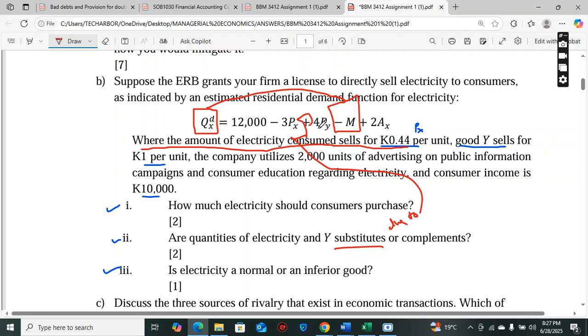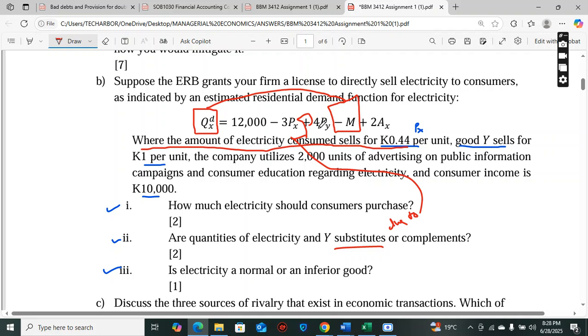When income increases, they buy less. Normal good, when income increases, you buy more of that good. Inferior, when income increases, you buy less.